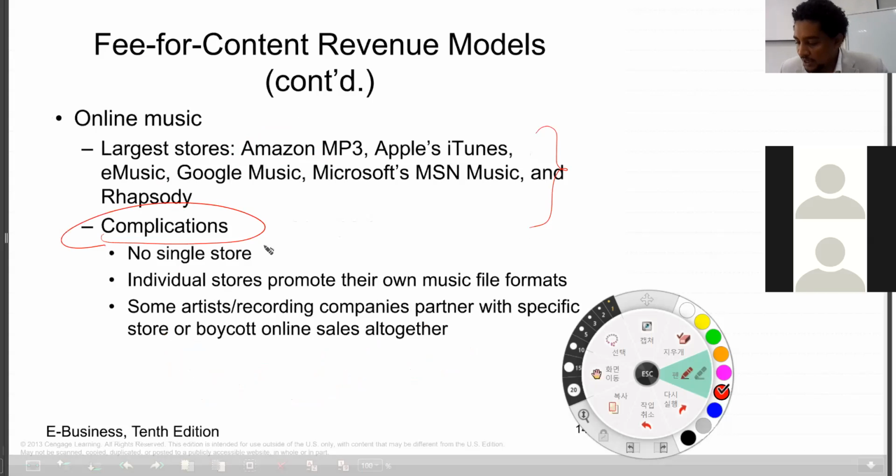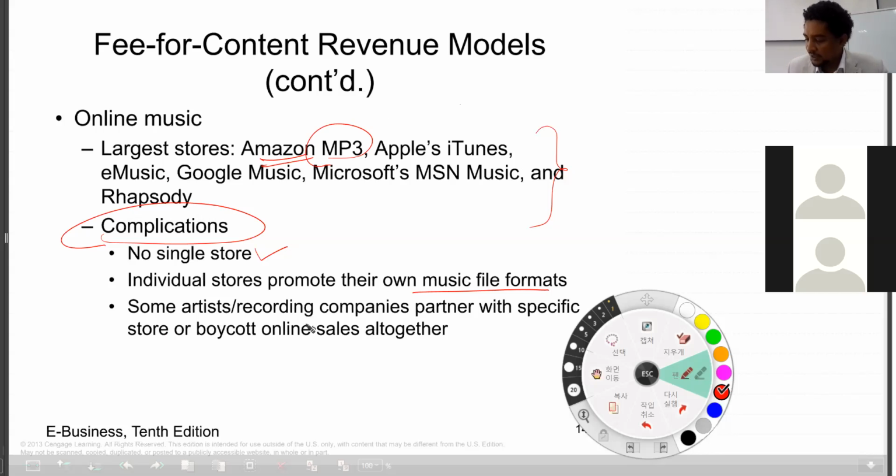Okay, so there is no single store where you can have everything in one place, and individual stores promote their own music file format. Some of them MP3, some of them MP4, okay, there are different file formats, and you need players for these different file formats, okay? Some of them might also provide their own players.